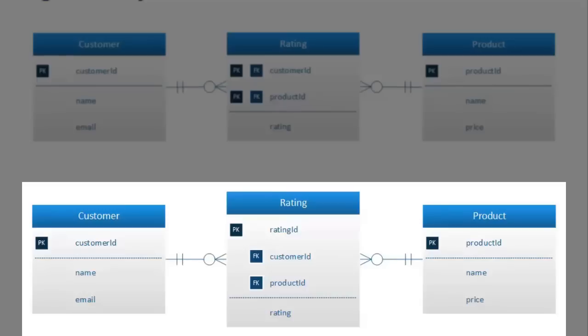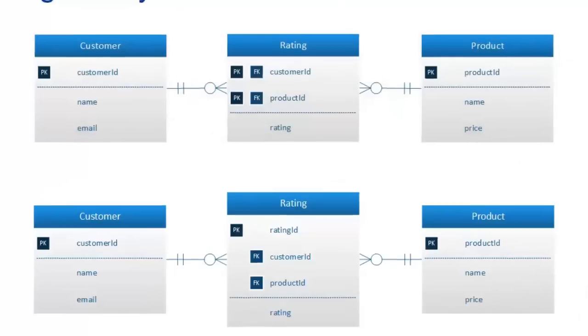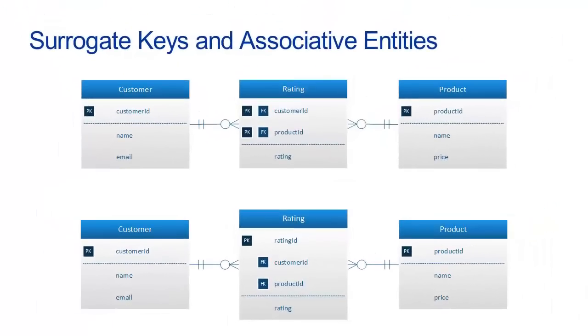The practical implication being that in this sort of design, each customer would be allowed to rate each product potentially many times. So there are important implications to be considered when making the decision as to whether a surrogate key should be used in place of a composite primary key in one of these associative entities.